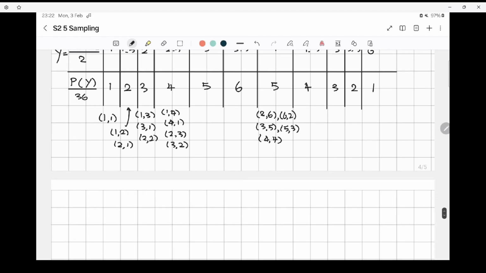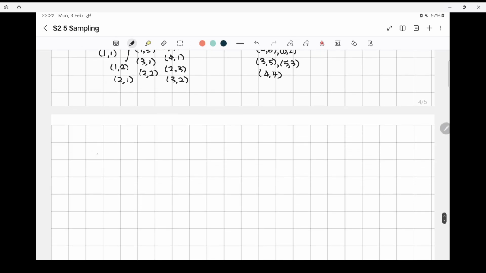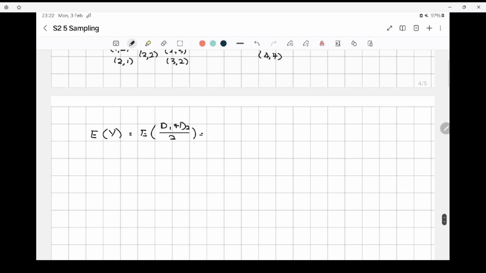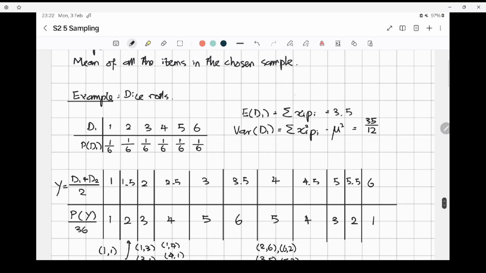So now let's look at the second probability distribution table. E[Y] will be E[(D1 plus D2) divided by 2]. If you calculate based on your probability distribution table, you will find that this is exactly 3.5 again, using the same formula.